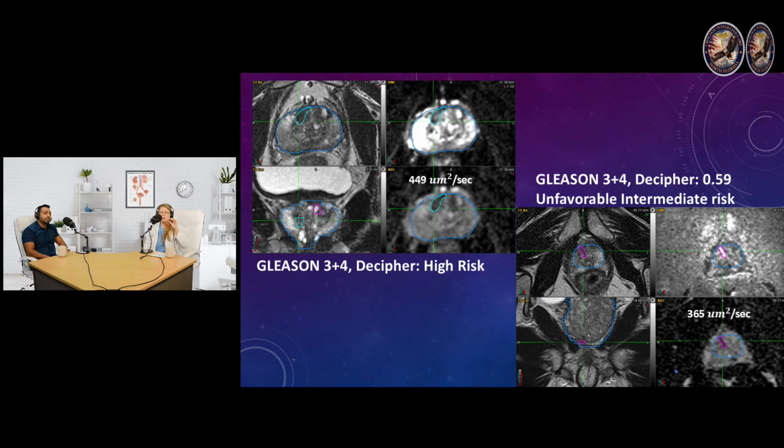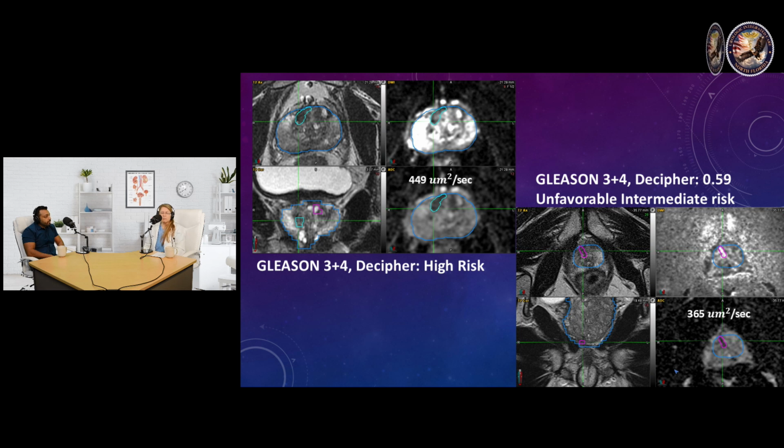I know it looks dark, but I show this on purpose because sometimes you'll wonder why, and it's just whatever they choose to put on the disk, or the data you're allowed. Anyway, we looked at the T2 weighted image and the ADC mapping. The diffusion weighted image in this case was not particularly helpful, but because we know about ADC mapping numbers, even though it didn't have this bright spot, we decided to go ahead and biopsy.